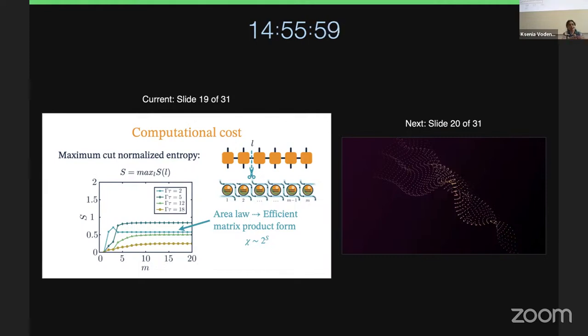And if the total length of the chain becomes bigger, you can actually see that the entropy doesn't grow. So we have our chain length M here, and you see the plateau of the entropy. So at some point, the correlations between sites stop growing. There is no more correlation.